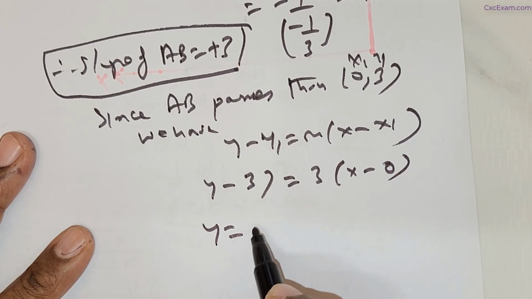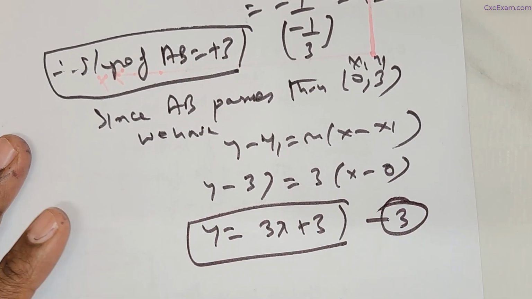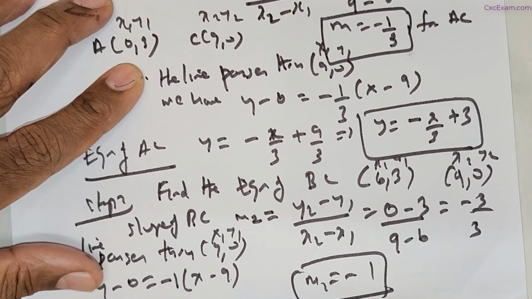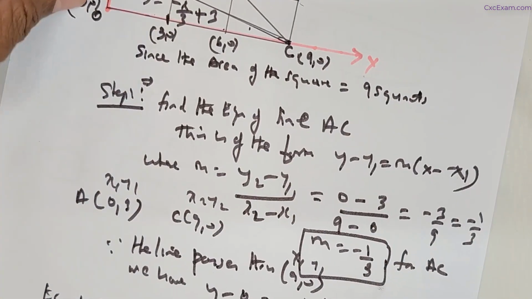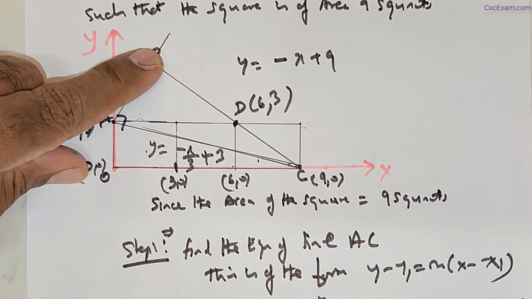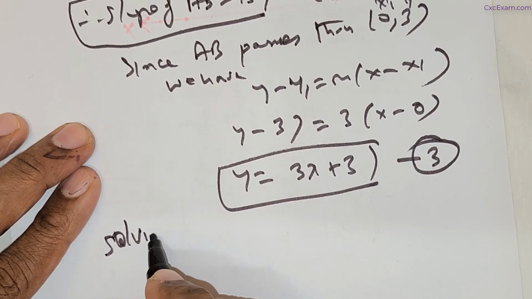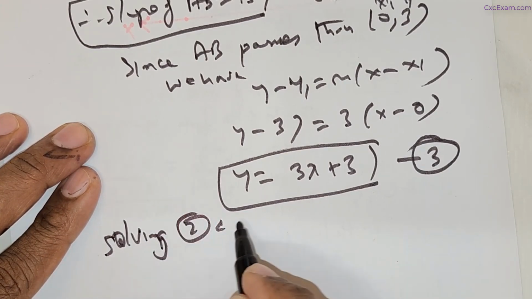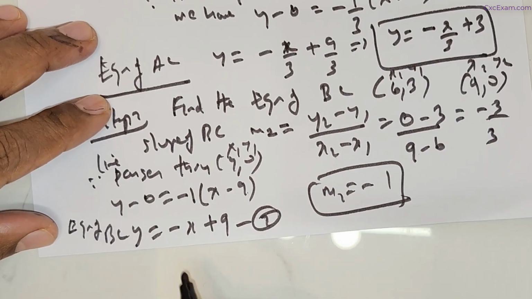So y is equal to 3x plus 3. So this is the equation. I'm going to take this as equation 3 and the earlier one as equation 2. So I'm going to solve 2 and 3 so that I can get the point B. Solving 2 and 3. So what is my 2? y is equal to negative x plus 9.